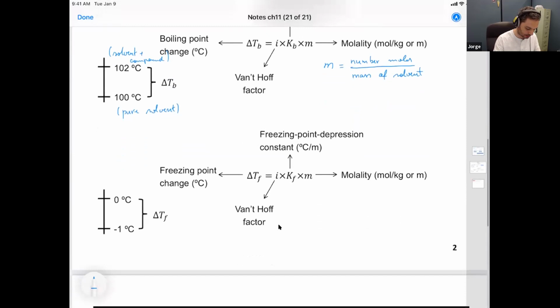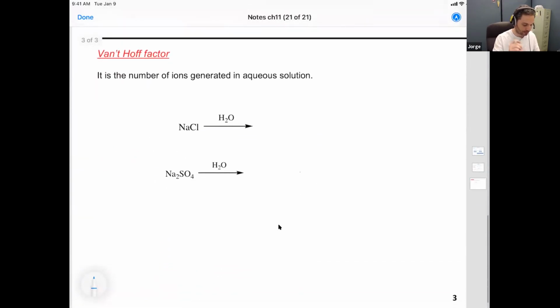How does that work? The Van 't Hoff factor is basically the number of ions generated in aqueous solution. For example, when we dissolve sodium chloride in water, we are going to produce Na+ and Cl-.